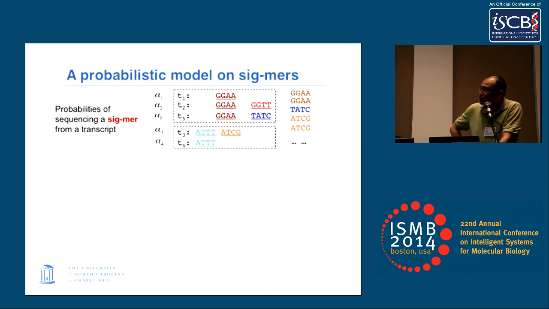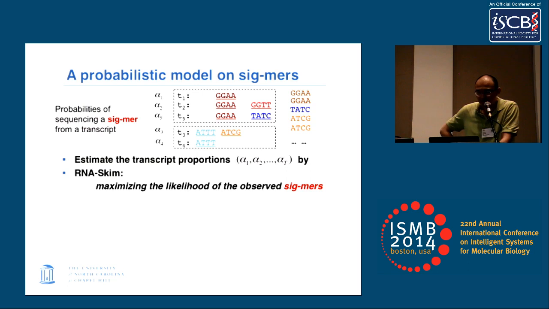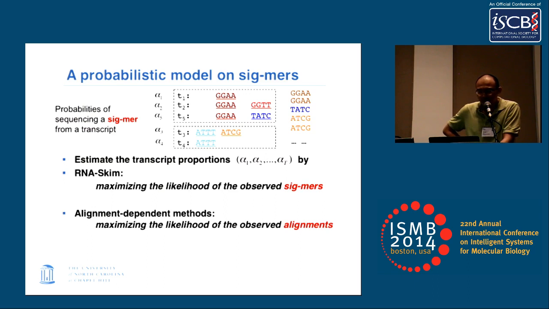And so based on alphas, we can calculate the likelihood of how a sigmer data set is generated. I do not have time to go into detail, but the high-level principle is that we try to maximize the likelihood of all observed sigmers in this data. And just to remind you, in the alignment-dependent methods, the principle of their estimation is to maximize the likelihood of observed alignments.